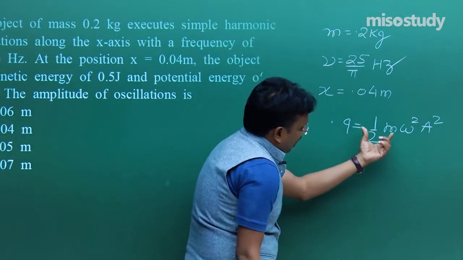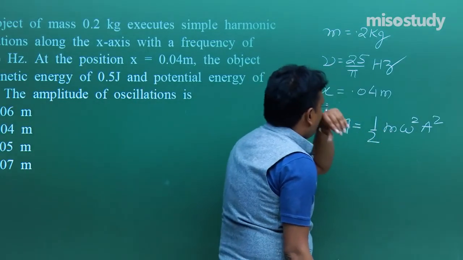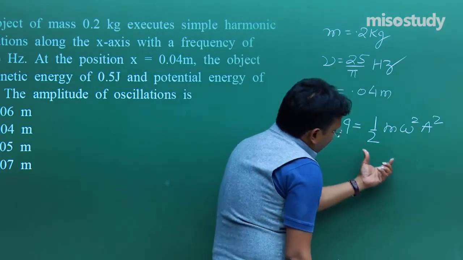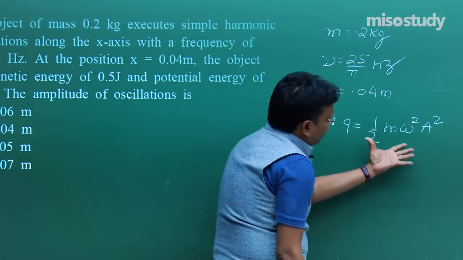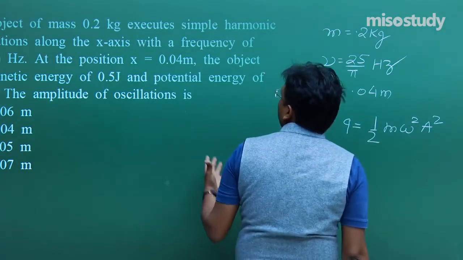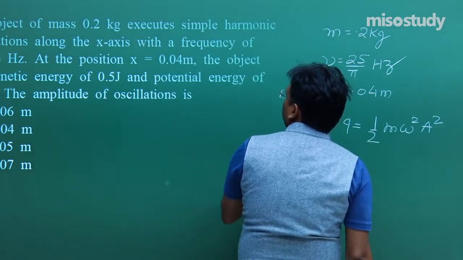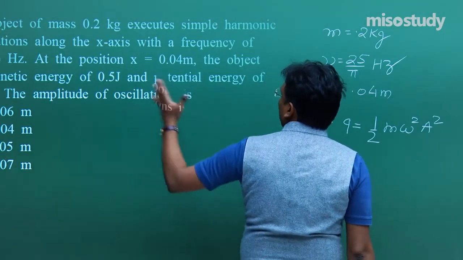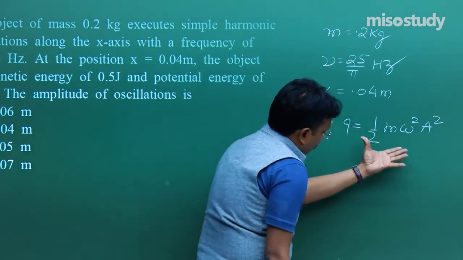So it's going to be half m omega square a square. Fine. Now we can put the values over here, because I devoted a good amount of time to this particular question. So I am not going to devote any more time or any further explanation which is not required over here.